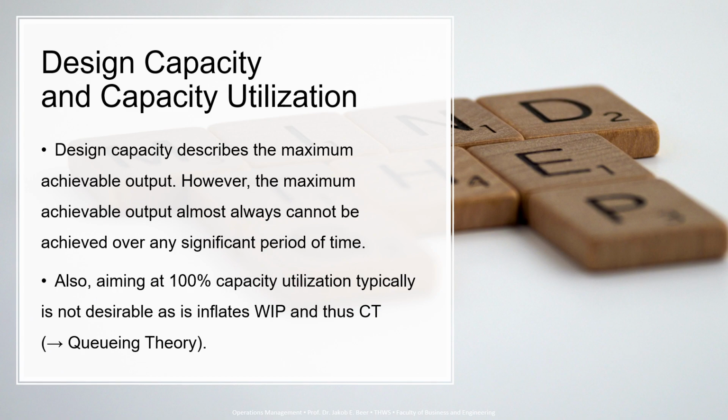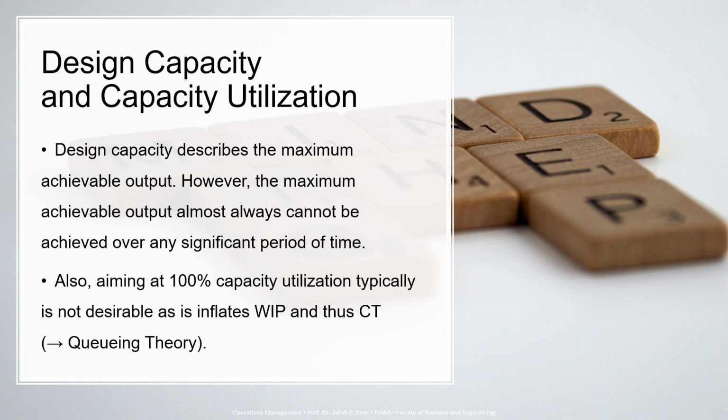And that has a couple of reasons, and these reasons have to do with variability. Also, because of variability, in the moment we approach a very high degree of capacity utilization, so we try to get close to 100%, something happens.